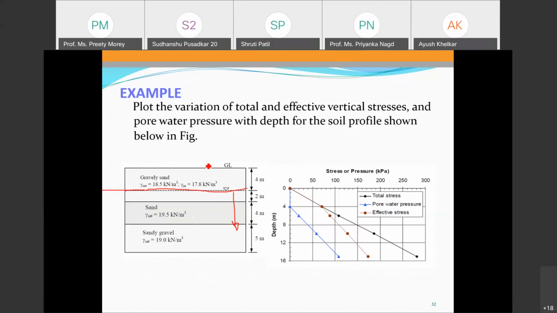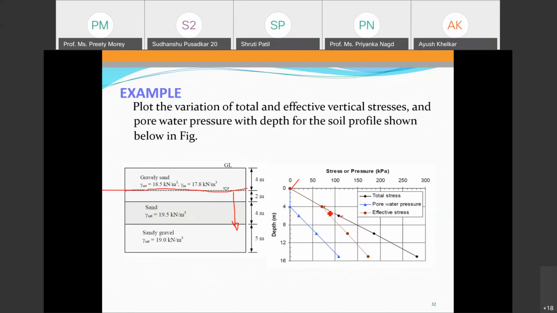While calculating the total stress at any point over this depth, it's simply gamma into h. Gamma into h. So at this point, suppose it is 17.8 into 4. Okay, here it will again be 19.5 into 4 plus 6 plus 17.8 into 6.